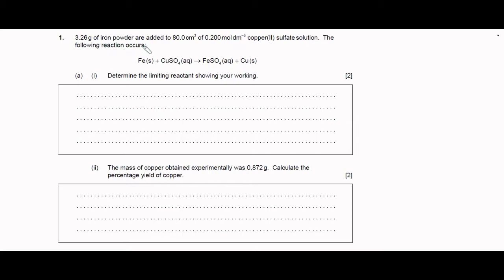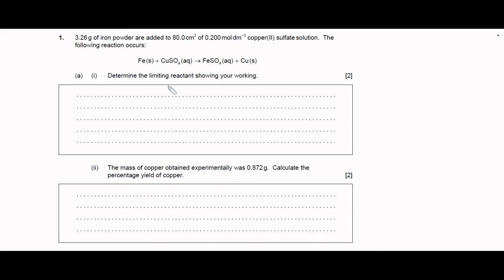3.26 grams of iron powder are added to 80 cm³ of 0.2 moles per dm³ copper(II) sulfate solution. The following reaction occurs: iron and copper sulfate react to give ferrous sulfate and copper.